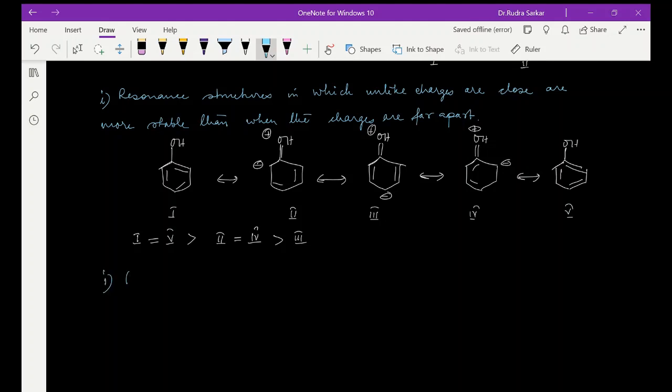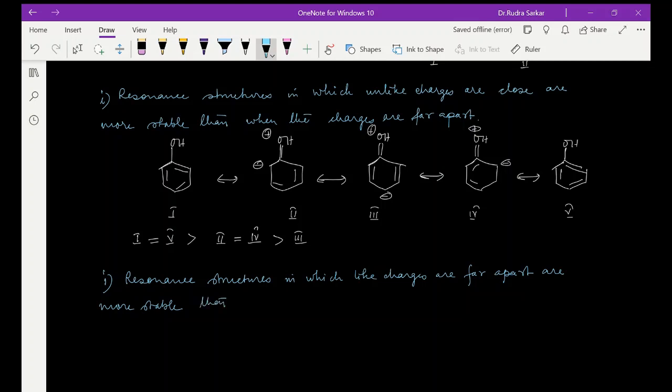Next rule we will say, resonance structures in which like charges are far apart are more stable than when they are close by.